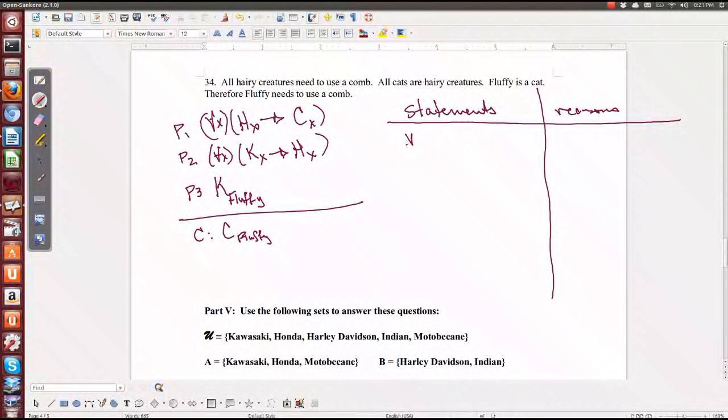I've got universal x, hx, conditional cx, universal x, kx, conditional hx, and k Fluffy. And these are premises.